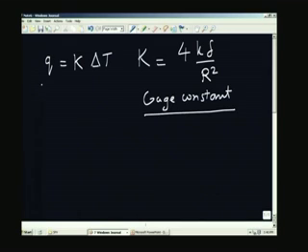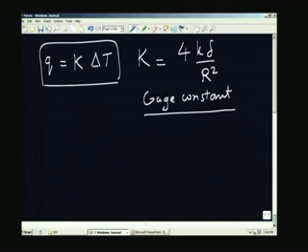So, this is the fundamental equation, the basis for the Gardon gauge. This is the Gardon gauge characteristic.